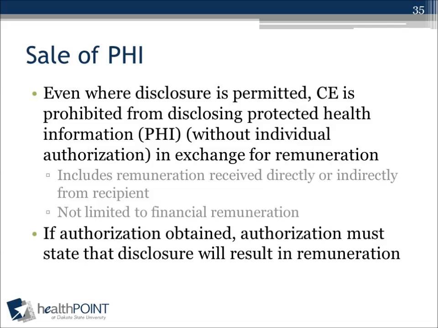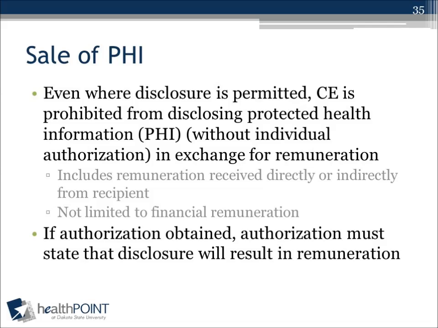Okay, sale of PHI. Now, even when disclosure is permitted, the covered entity is prohibited from disclosing PHI without individual authorization if they are receiving any remuneration. So this is something that Medicare CMS really looks at, making sure that we are not selling PHI and getting any type of payment, and it doesn't have to be just financial.